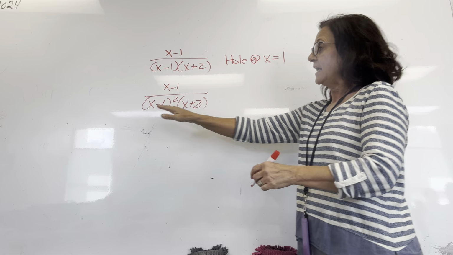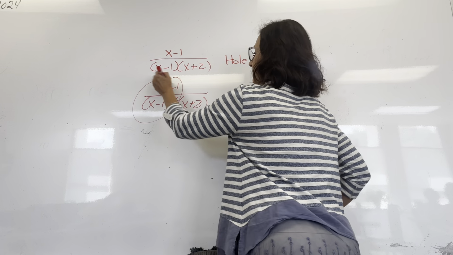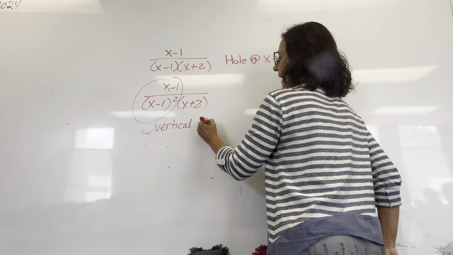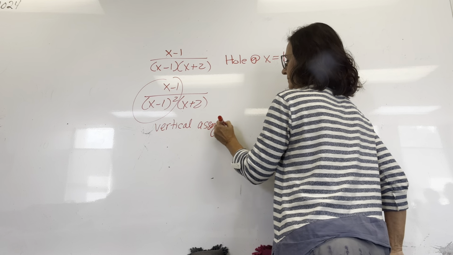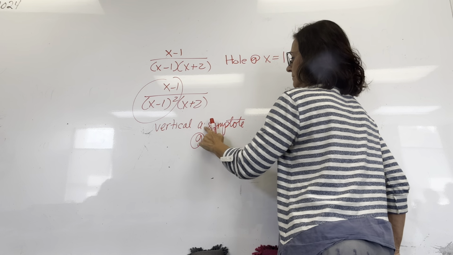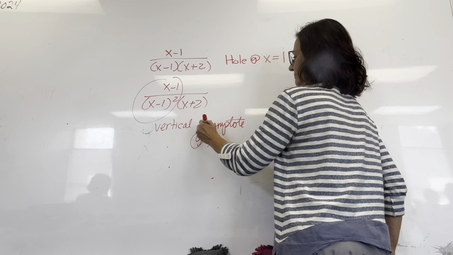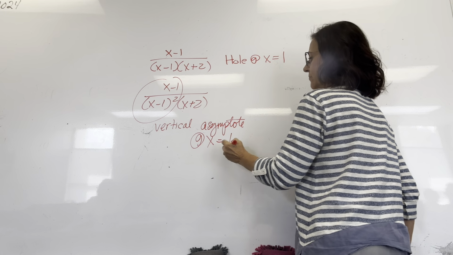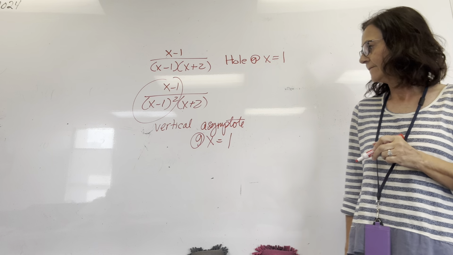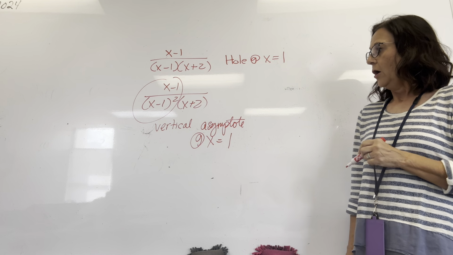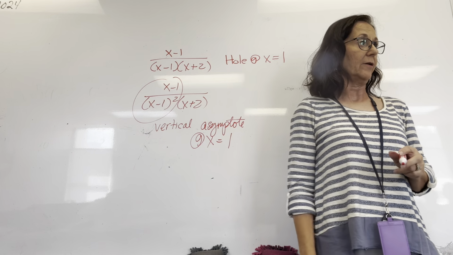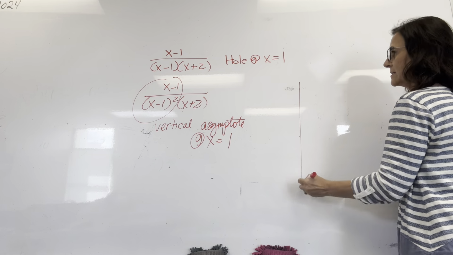So, if this is the case, there's a vertical asymptote at x equals 1. When the multiplicity is greater in the denominator than it is in the numerator, this is what happens.